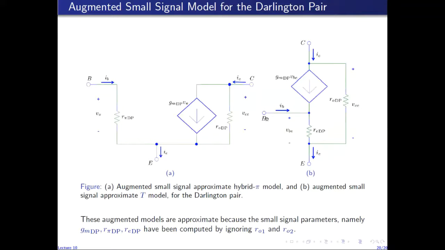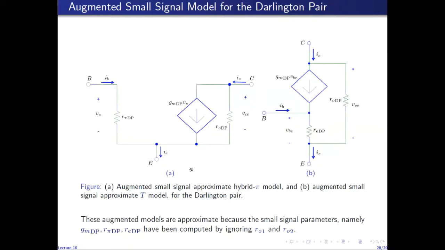So when I open circuit the input, IB becomes 0, which means that since this is equal to beta times IB, this current becomes 0. So this becomes open circuit. This current is 0, so there is no voltage here. This is essentially out of the circuit as well. So the resistance between collector and emitter is just small r naught, the placement of which is again justified and consistent.